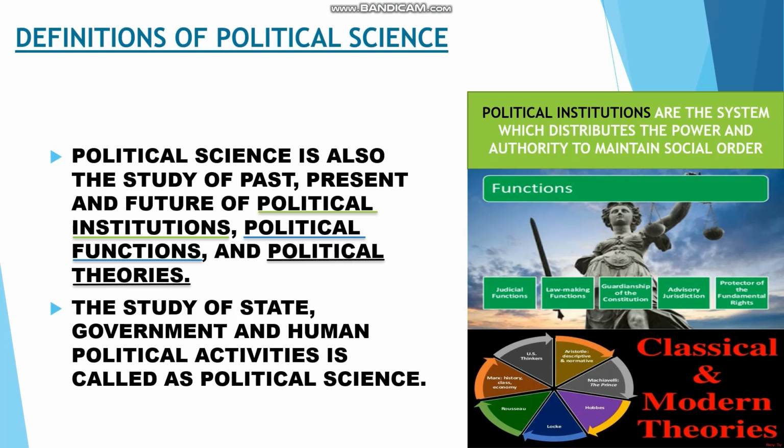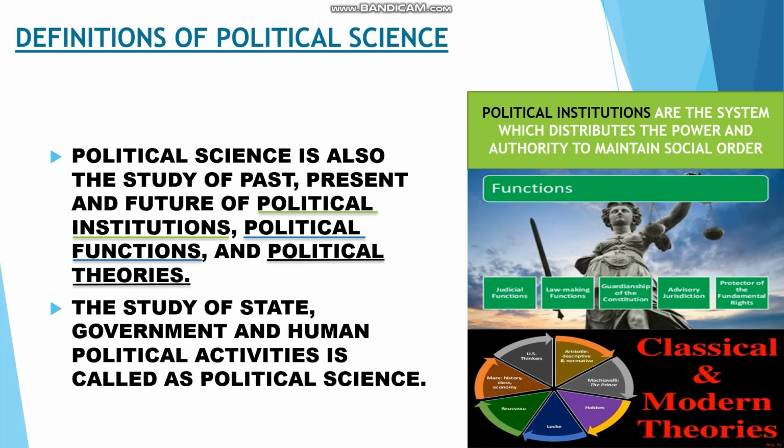It is a scientific analysis of what happened in the political institutions and political events or political activities. So the second definition is that political science is a study of the past, present and future of political institutions, political functions and political theories. Now let's move on to the third definition.